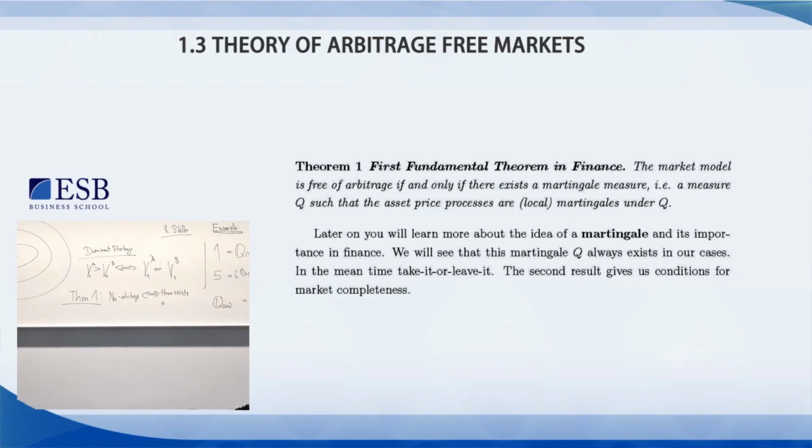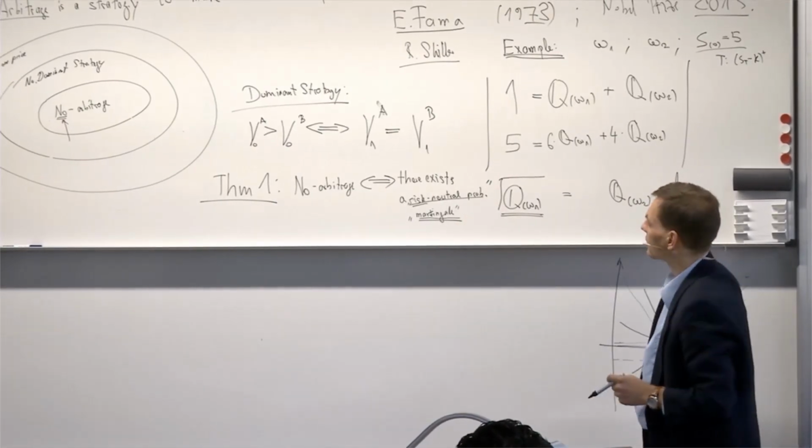These probability measures have special names. They are not called just probabilities. They are called risk neutral probabilities, so this is one name we use for these Q, or they are called martingale measures, and there's a martingale theory we will talk about next week.